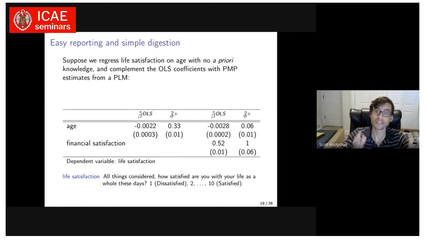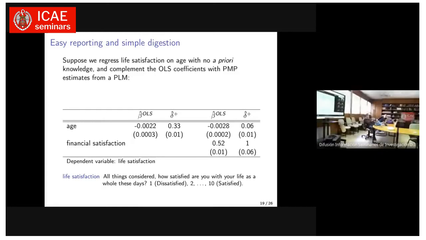A lot of times we have experiments, for example, where the treatment doesn't have a high R squared. If you give some people randomly $100 and some people not, and their outcome is their total income, that's not going to have a high R squared. So the PMP can capture the relationship even when there's not a lot of explanatory power. But to go back to your initial point, I should list the R squared. Thank you for that point. That would be helpful information.